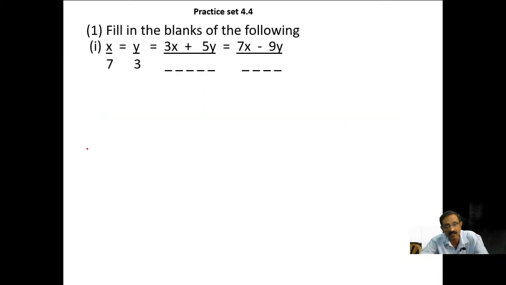Fill in the blanks of the following. Now when you see this, we have x upon 7 is equal to y upon 3, which is equal to 3x plus 5y, which is equal to 7x minus 9y. If you look at this, we are going to use the theorem on equal ratios.